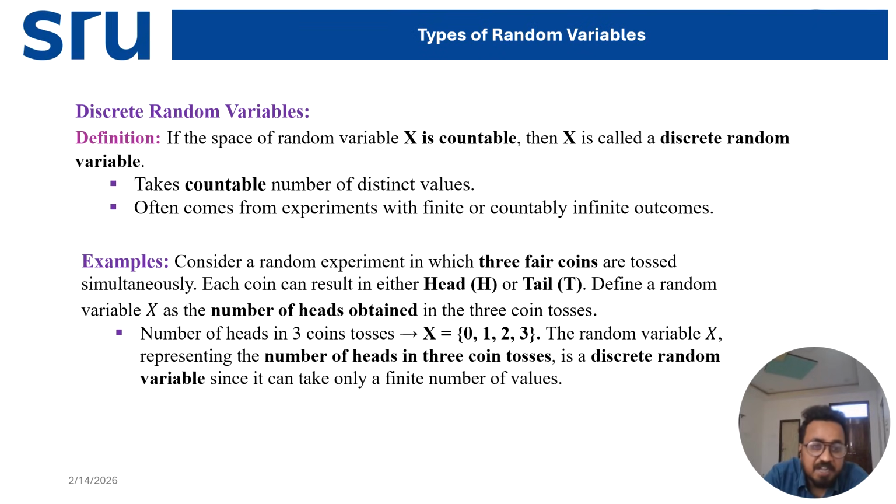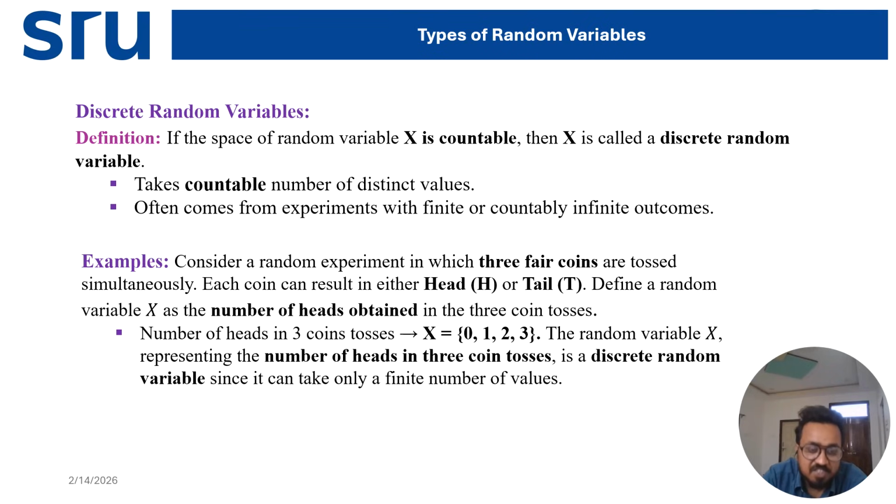So what is a discrete random variable? If the space of the random variable is countable, meaning that it is either finite or countably infinite, which can be listed, so that is called a countable set, then the corresponding random variable is called a discrete random variable.